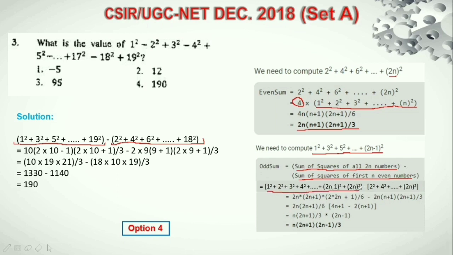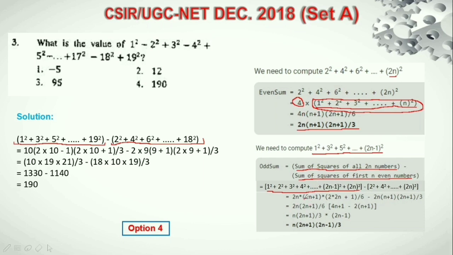Now the first term or the first bracket is the sum of squares of the first 2n numbers. So this is identical to the series we used in the previous step. The only difference is that it was for the first n terms, but now it is up to 2n terms. So we will use the same formula. The only difference will be that in place of n we will put 2n.